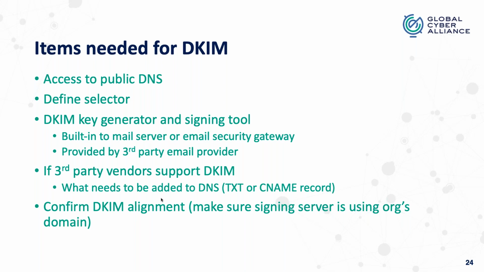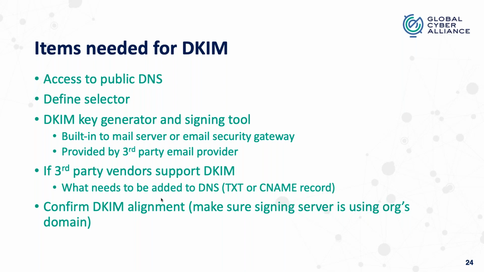But again, third-party vendor, if they provide you that name, that's the name you use. You cannot pick your own. Use the third-party vendor's selector name if they define it. Again, remember, you need to have your capability of generating the DKIM keys and a way to sign. So you need to have your key generator and signing tool. So check if your mail server or your email security gateways have them built in.